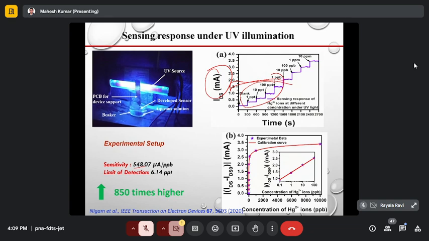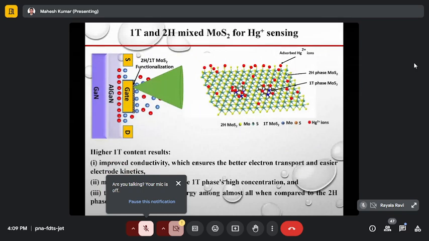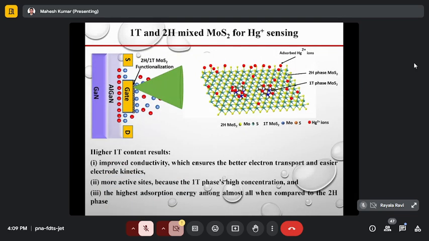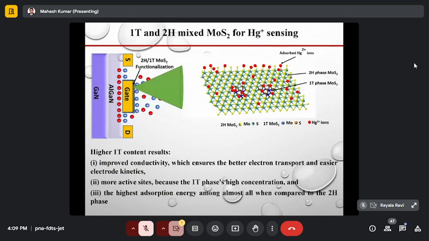So we can improve the sensor sensitivity just by mounting it near the UV source. What we found is that the UV source is somehow increasing the 2D material's conductivity, and this conductivity is helping to improve the sensitivity of this material.